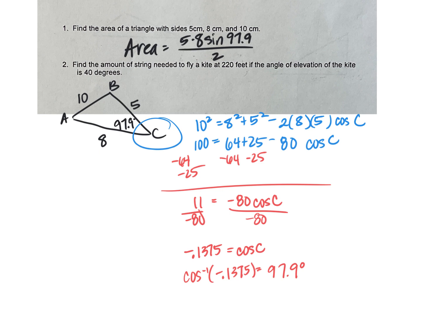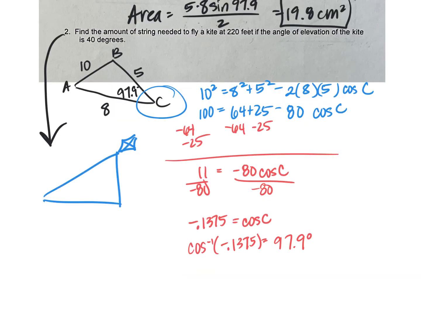Let's try that, see if we all get the same thing. 19.8 square centimeters this time. So if I'm flying a kite, would the string for my kite be A, B, or C? It's going to be C, right? String is going to be this.